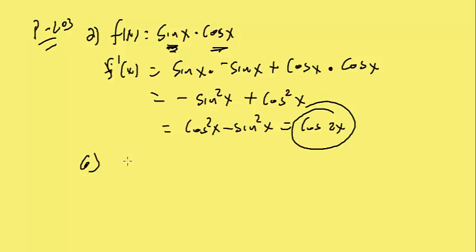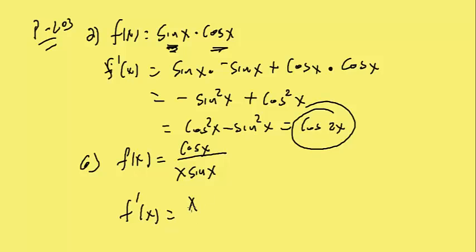And in number 6, they give us f of x is equal to cosine of x, all that over x times sine of x. Okay, now we have to take the derivative of this. Obviously, we have to use a quotient rule and a product rule. So let's start with the quotient rule. Denominator times derivative of the numerator, which is negative sine of x, minus the numerator, cosine of x, times the derivative of the denominator.